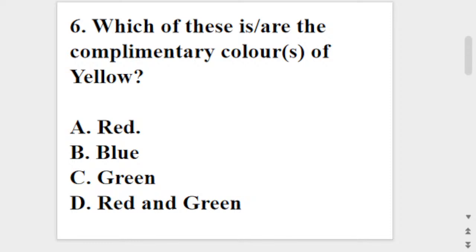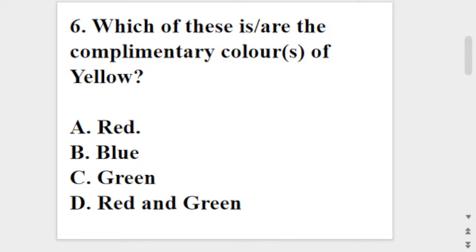So, now, complementary colors are always a mixture of one primary color and one secondary color. Complementary colors are two colors that can combine together to give you white color. So they are asking us, what will be the complementary color of yellow? Don't forget, I told you yellow is made up of red plus green.